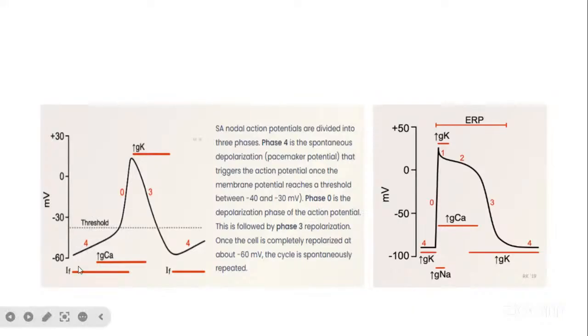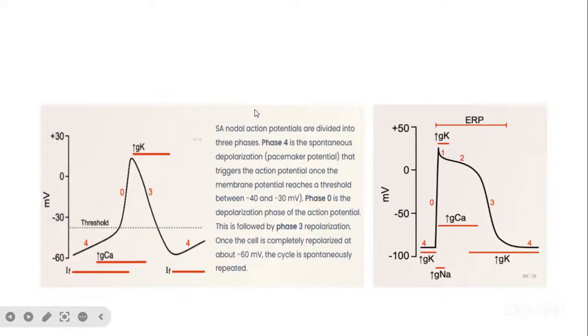And once the membrane potential gets to around -50, you have the opening of the transient calcium gates. Then by the time you reach the threshold potential around -30 millivolts, you have the opening of the long-lasting calcium gates, which allow influx of calcium that is responsible for the slow depolarization phase of the SA node.